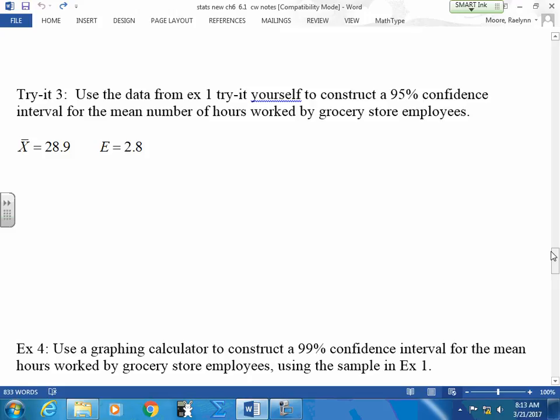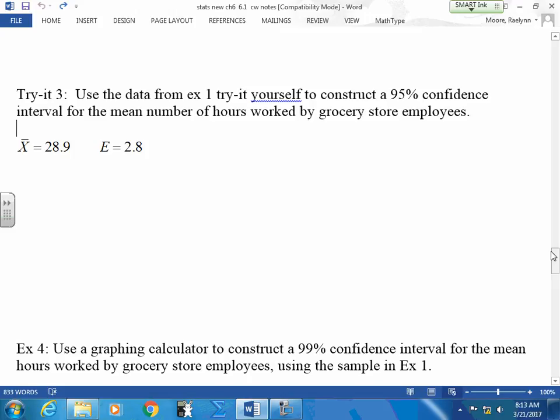And all they did was ask us for the mean. So we put it in our L1. Actually, I have the mean, so it's kind of useless. All right, so we have the mean. We put it in L1, we find the mean, right? And now we're going to build a confidence interval for this.